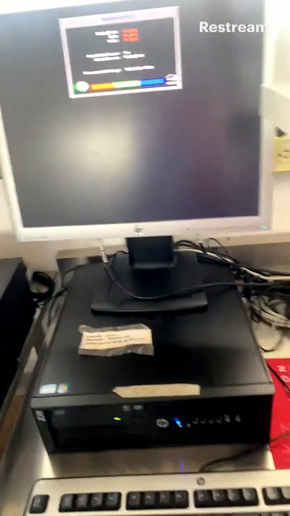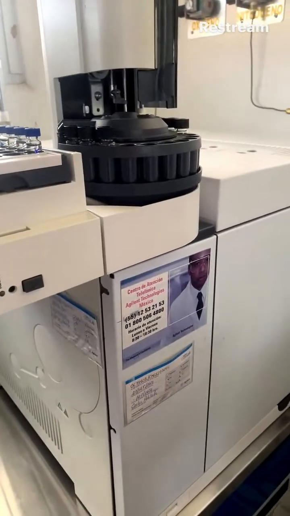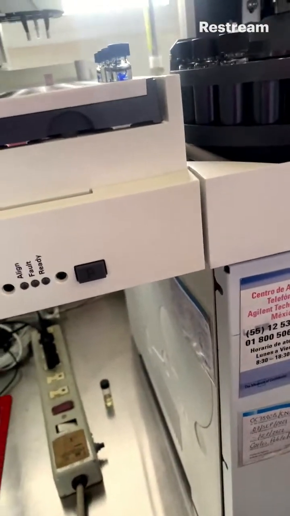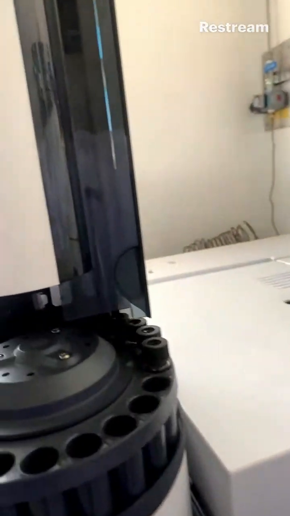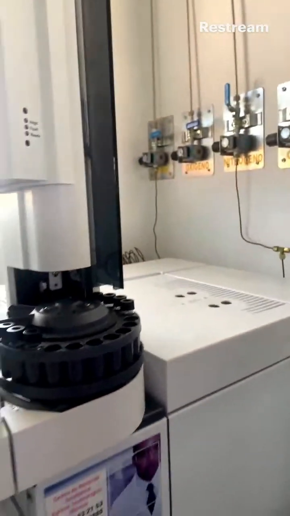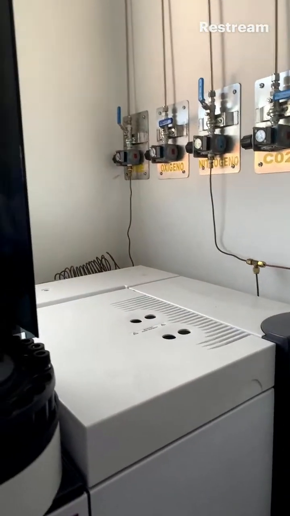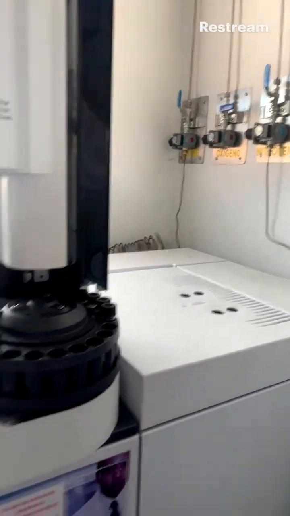So I'm turning on the system. Open this, open this, and open this. So I've opened the three gases: hydrogen, nitrogen, and air.